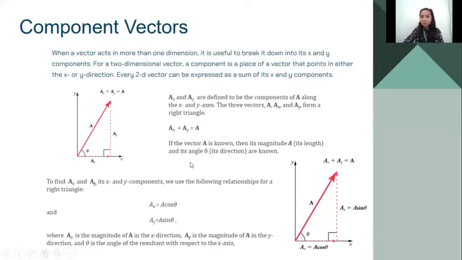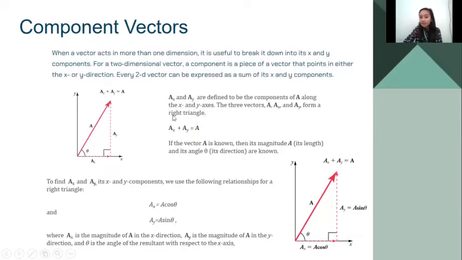So what are component vectors? We have the x and y component. For example, in this illustration, you have vector A, which has a y component and an x component. These are what we call the component vectors. Now, when you add Ax and Ay, it will result in your vector A, or your resultant vector A.